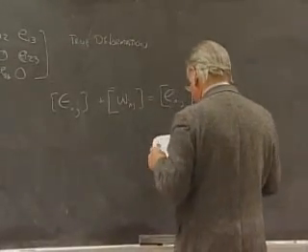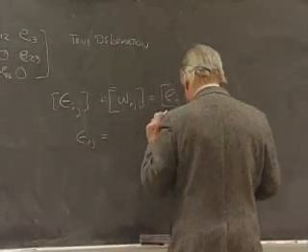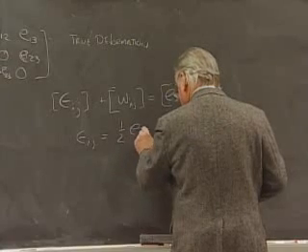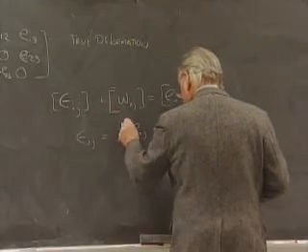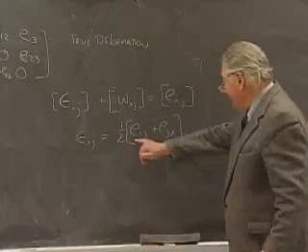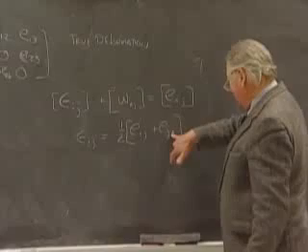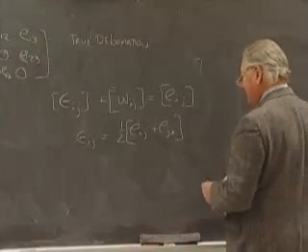And if I do that and define epsilon ij equal to 1/2 of Eij plus Eji, so for the diagonal elements, that is going to take 1/2 of E11 plus E11, and that's just going to give me E11 back again.